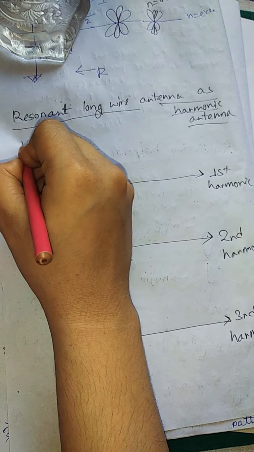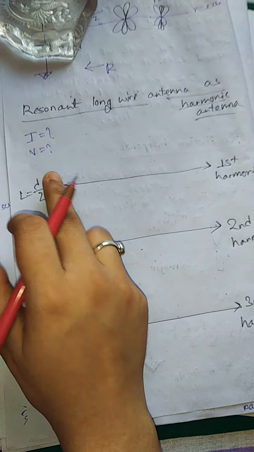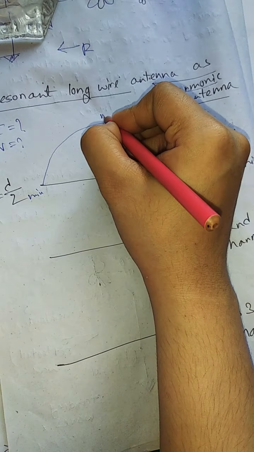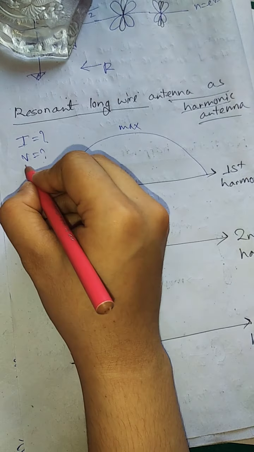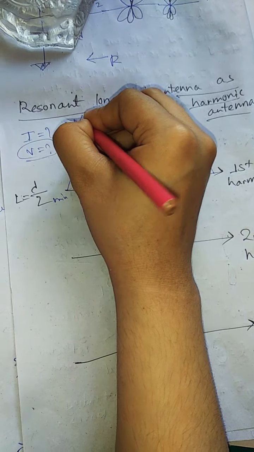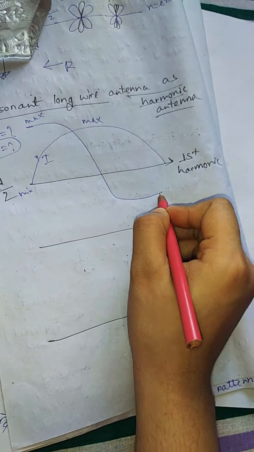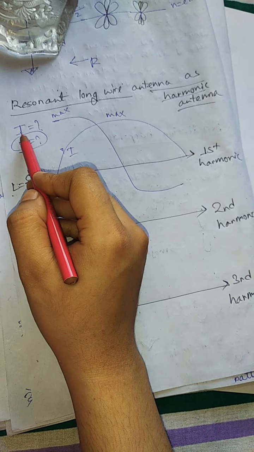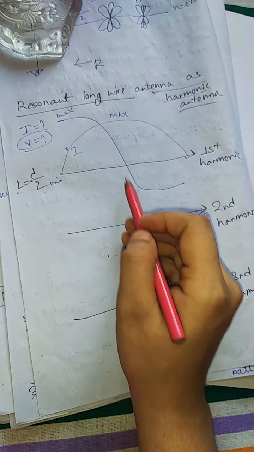Then the values of current I and voltage V. If L is equal to lambda by 2, the current goes from minimum to maximum to minimum, while the voltage always starts at maximum. For the first harmonic, current is minimum to minimum and voltage is maximum.